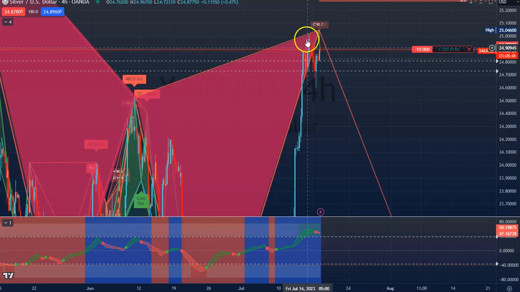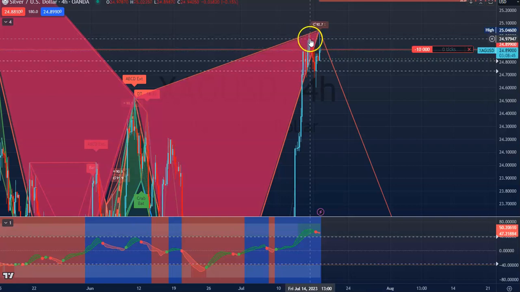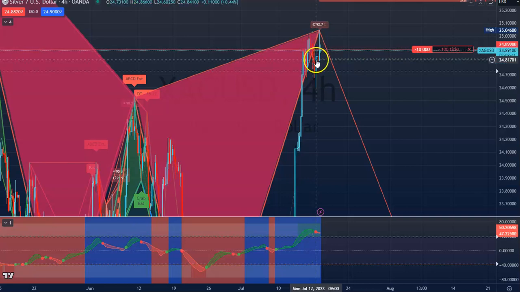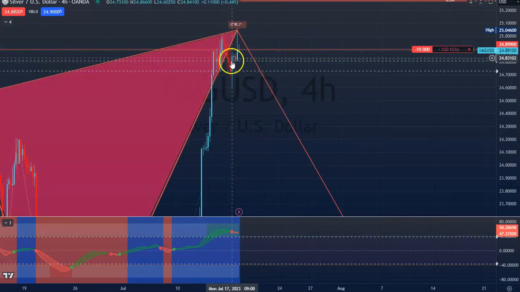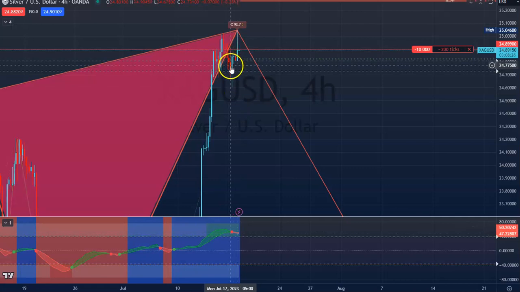All right, so I had a previous entry, down here. See that line? Right here, see where the line hits? I had an entry that was there, right?